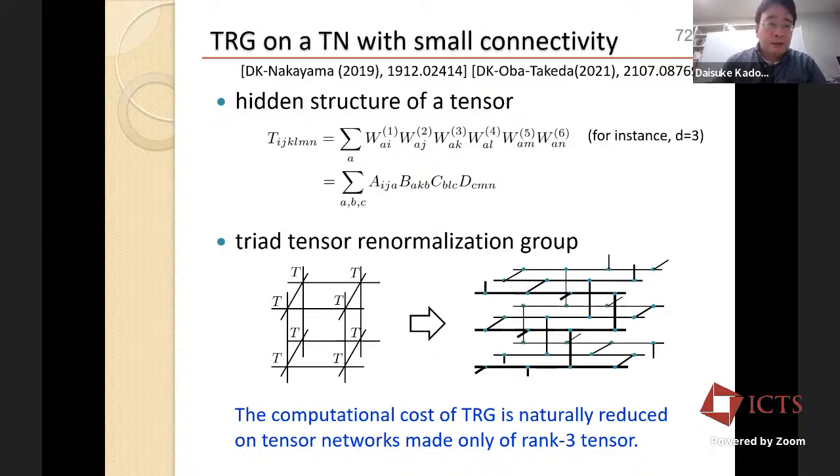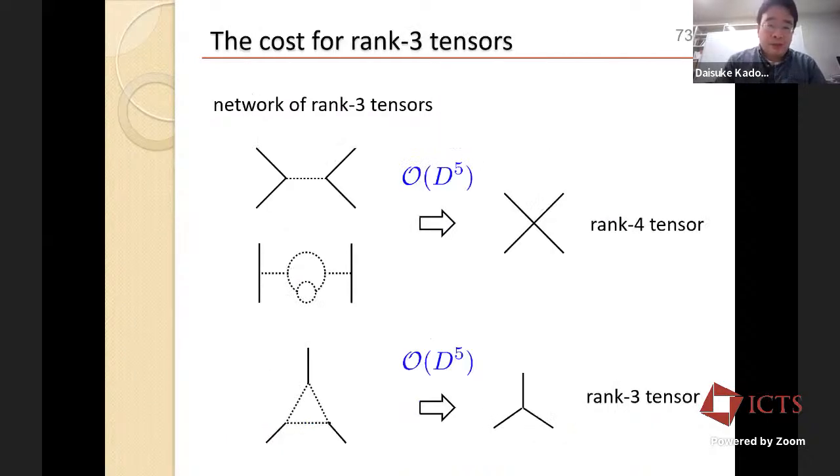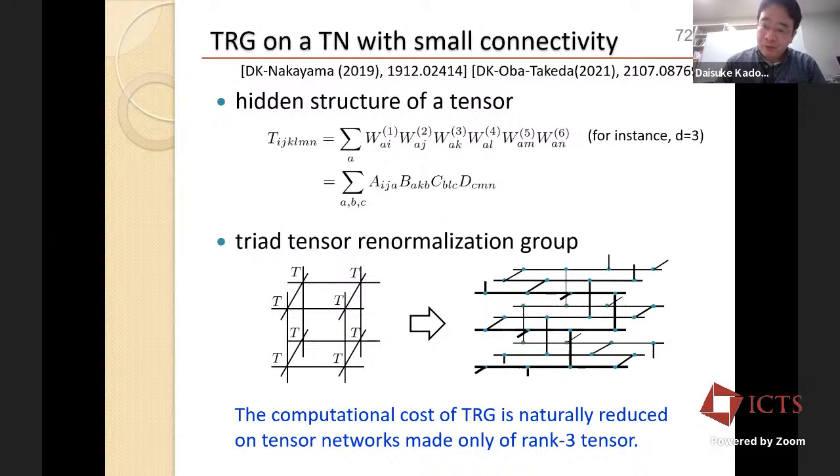The cost of contracting 2 rank 3 tensors is basically proportional to D to the 5th. So the computational cost of the triad tensor renormalization group method, as I call it, is not high if we define a renormalization group method on this triad tensor network.